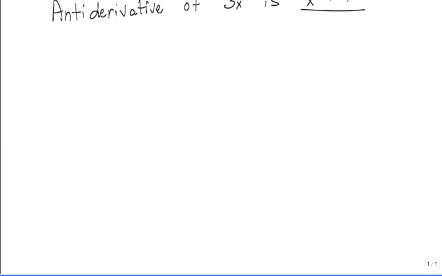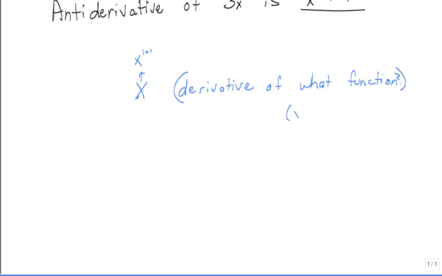Okay, let's look at another one. What about x? The derivative of what function gives x? Again, when you take the derivative, you bring the power down and you subtract 1. So to go up, I'm going to add 1. So far that's x squared, but x squared prime is 2x.